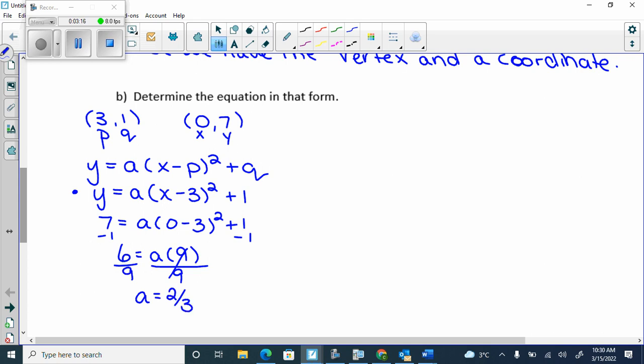Do I have an equation? No, I have an a. So what's my last step always? Put a back into the filled in first equation. We get y equals 2/3 x minus 3 squared plus 1. So this is vertex form.